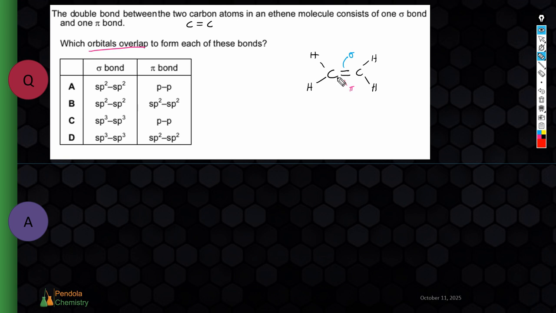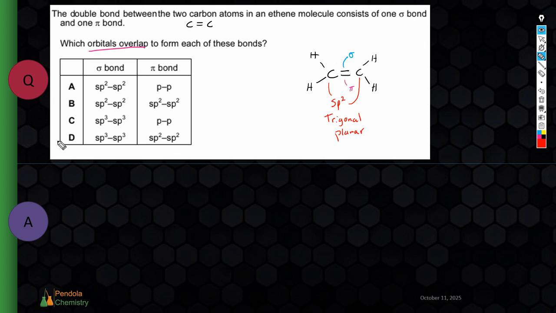the exact same hybridization. Because I have three connections, two hydrogens and one carbon, this carbon is sp2 hybridized because that carbon is trigonal planar in shape. And this actually corresponds to both of these carbons because they are going to have the same shape, the same everything.